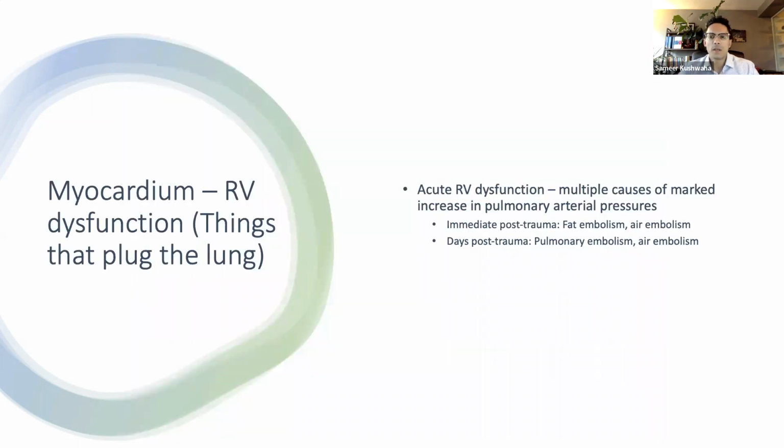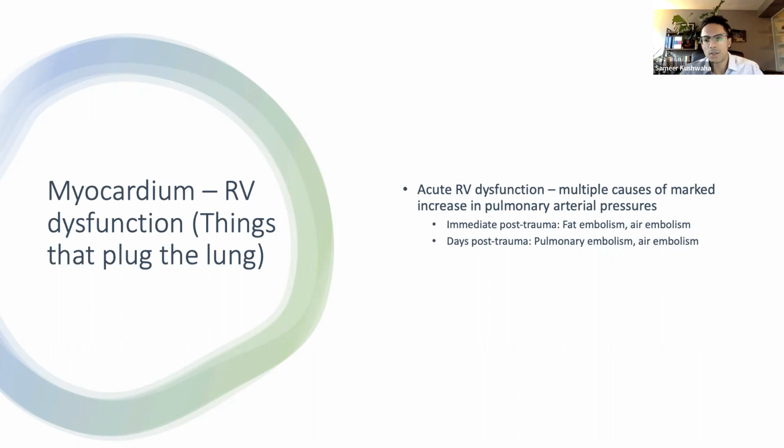So in addition to direct traumatic injury to the myocardium, as with cardiac contusions, acute right ventricular failure can also occur because of sudden and dramatic increases in pulmonary arterial pressure. During the initial phase of the trauma, the major considerations for this diagnosis are fat embolism, fractured long bones, and air embolism, either through air that's entrained from outside through an open wound or through iatrogenic causes such as line placement or neurosurgery.